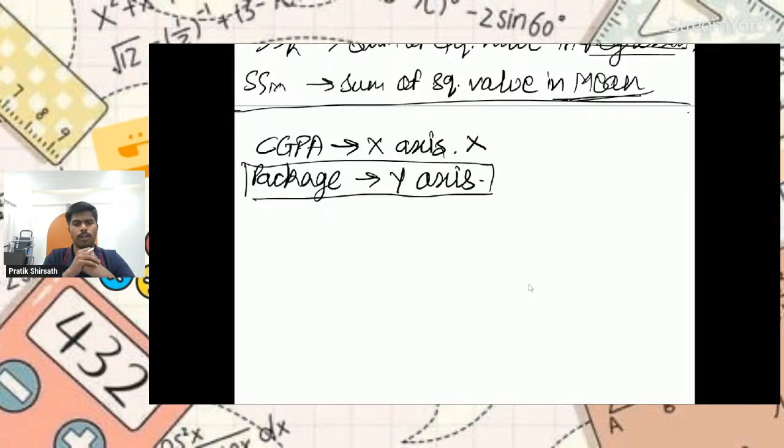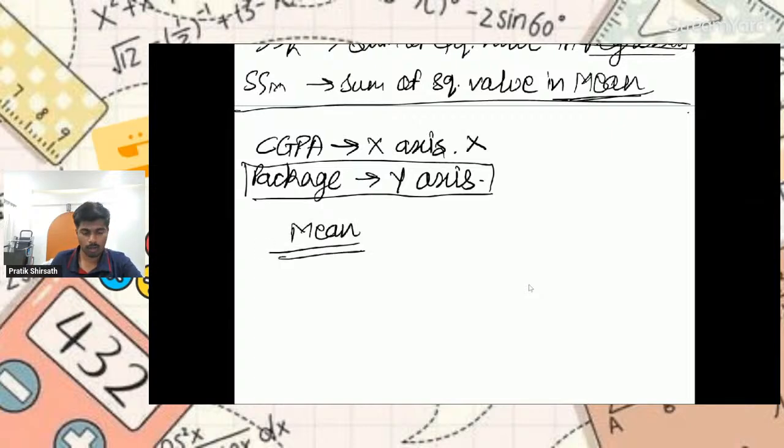Now, for example, if I go to an XYZ college and tell them that I'm a fresher, I want to study here, and can you please tell me what your package is? If I study from this college, what package will I get? Of course, I have not studied there, I don't have a CGPA there, so on what basis will I see the package that I can get? On mean basis.